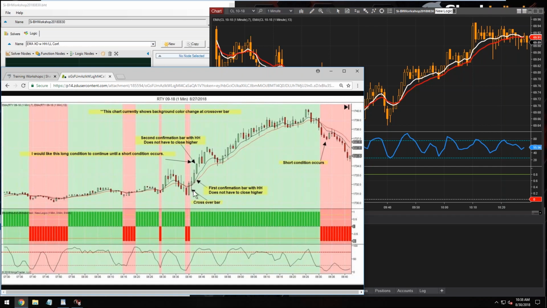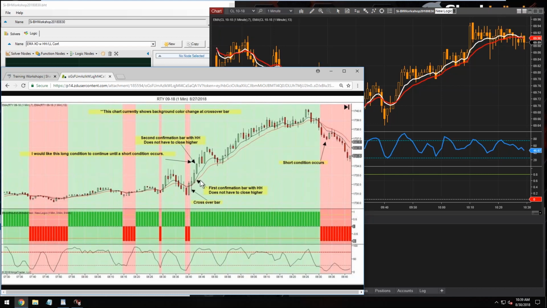And the reason why we're not really tied to the crossover is because when we're looking for the next two higher highs, there is no requirement of them occurring within so many bars of the crossover.